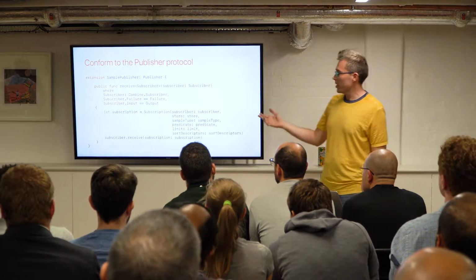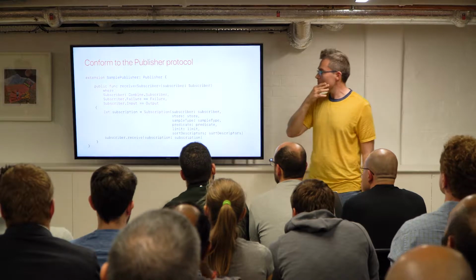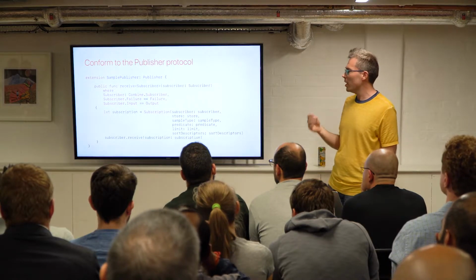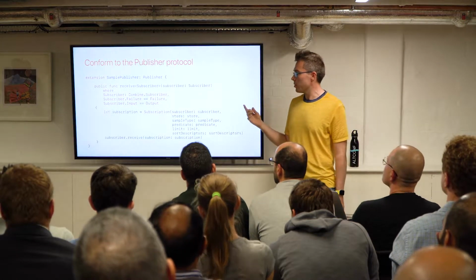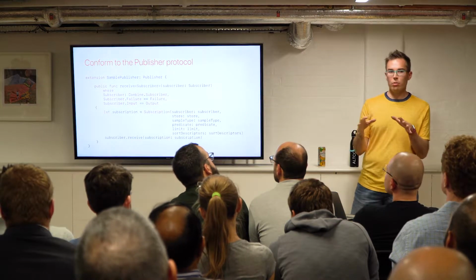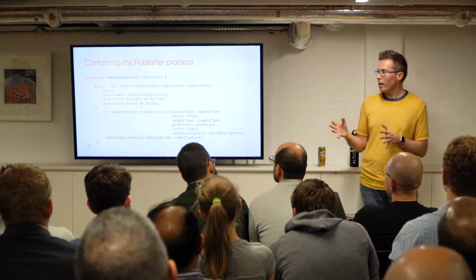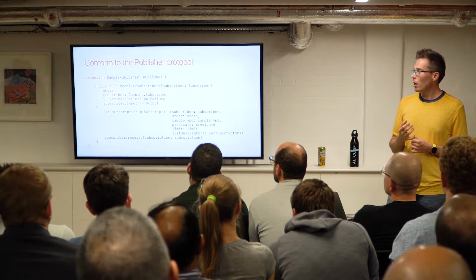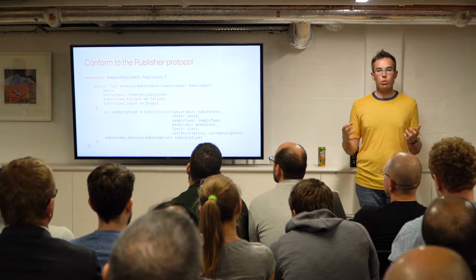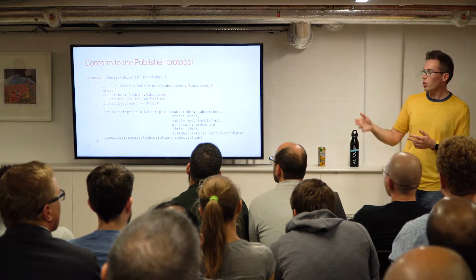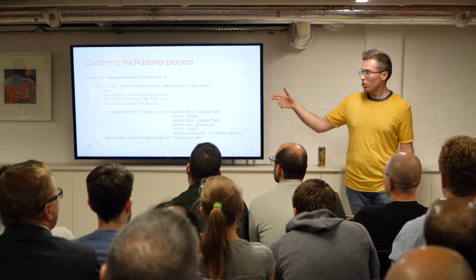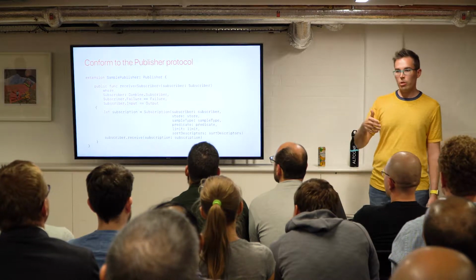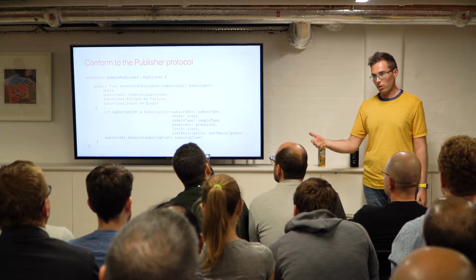And then in an extension, we can conform it to the publisher protocol in Combine, and that only needs one method. And contrary to some popular belief that you may have heard or may not, publishers don't actually give values to subscribers. Publishers give subscriptions to subscribers, and subscriptions give values to subscribers.